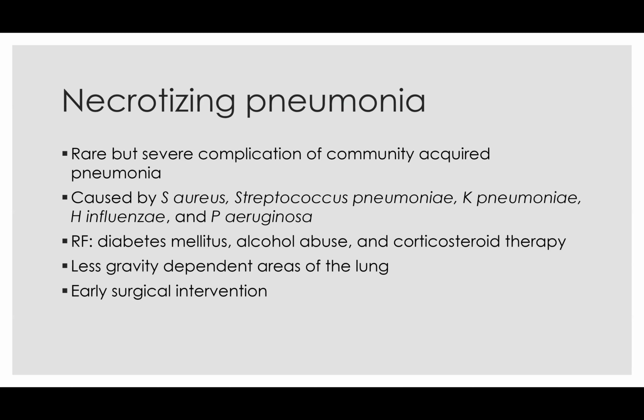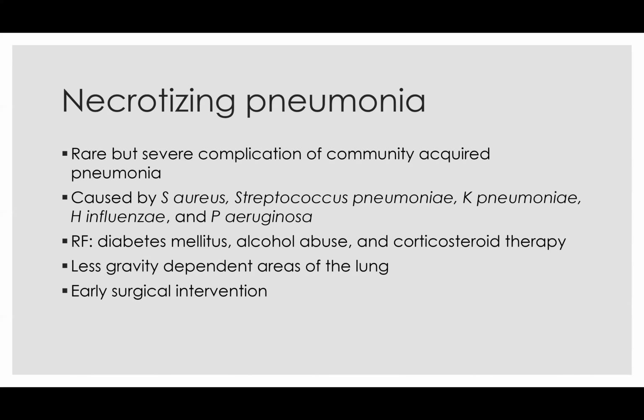Common causes would include Staph aureus, Strep pneumoniae, Klebsiella pneumoniae, Haemophilus influenzae, and Pseudomonas aeruginosa. Of special interest is community-acquired methicillin-resistant Staphylococcus aureus containing the gene for Panton-Valentine leukocidin, which is a toxin known to cause necrotizing pneumonia with quite a rapid development of respiratory failure and shock.